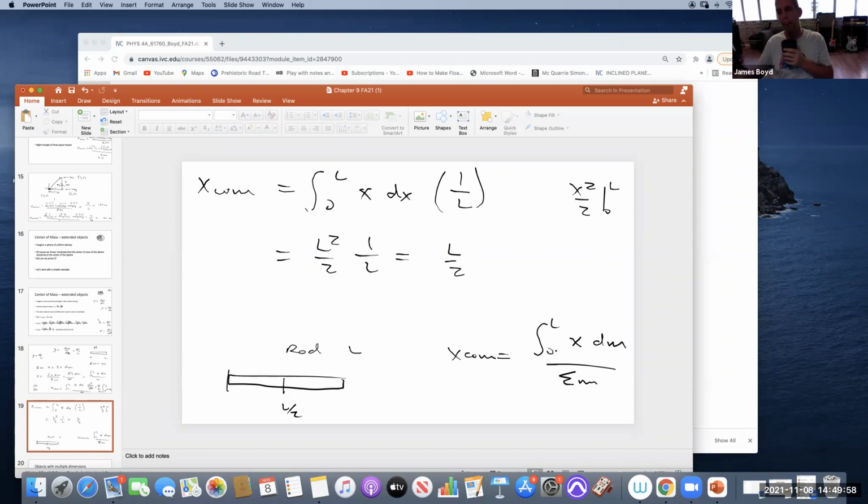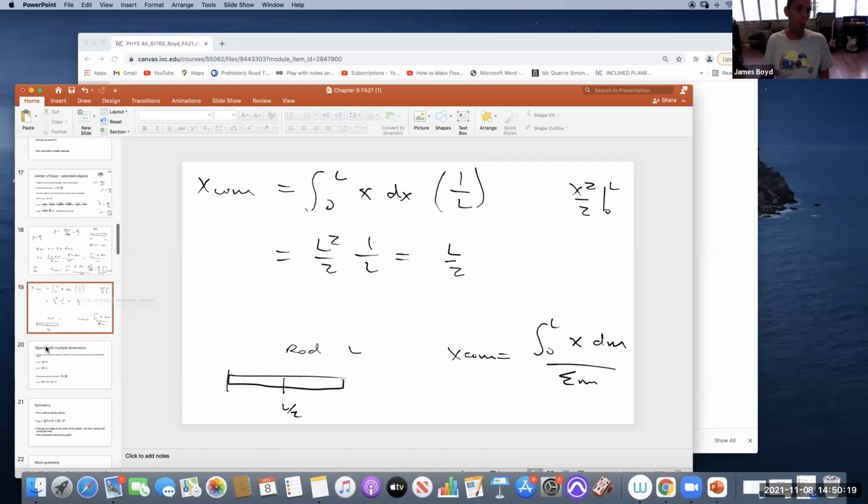If you think about this, this integral is some distance times some mass divided by mass, which gives us a distance, so it works out. So we know that the center of mass of a uniform rod, could be a pencil, could be a long stick, could be a ruler, is at the halfway point. We've proven that with calculus, believe it or not, which is cool.